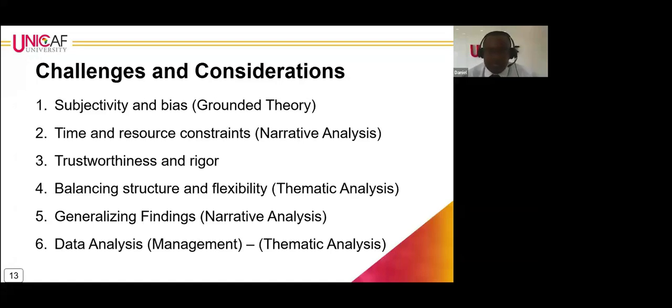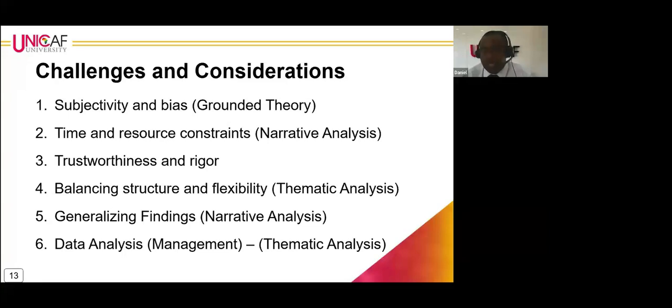The second one is time and resource constraints. If you are undertaking a narrative analysis, you have a huge sample size. The narratives will be huge as well. So time and resources may not favor you.